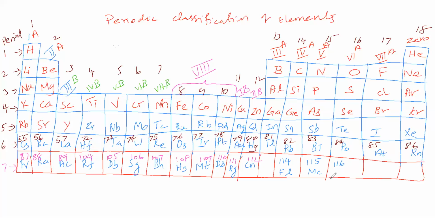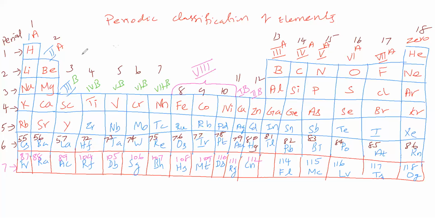Next, 116, livermorium. Next, 117, tennessine. Next, 118, oganesson. So, this is the seventh period. This element I will say later. So, these many elements are there.